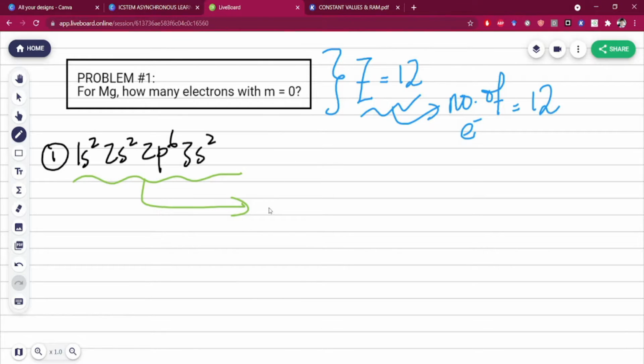Okay, so we have 1s, 2s, 2p, and 3s. And of course, you're going to have 2 electrons. You have 2 electrons over here, and you have another one right there.